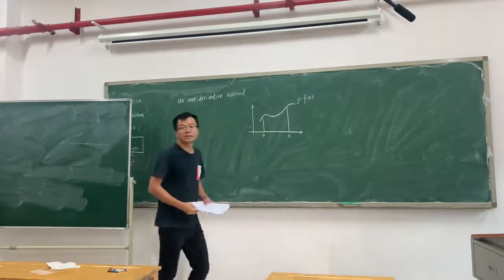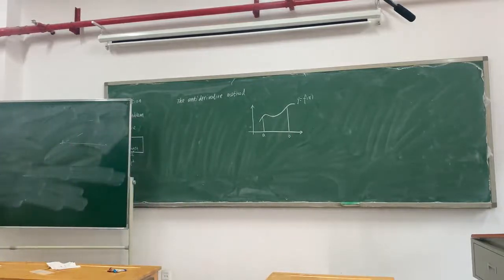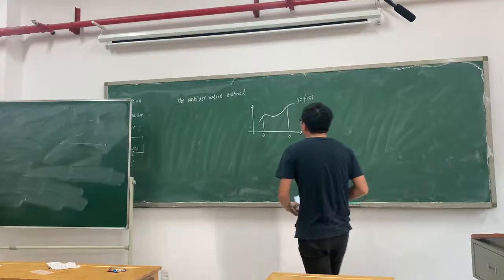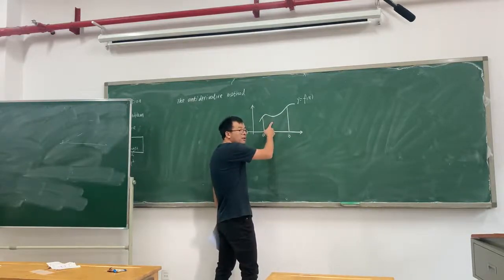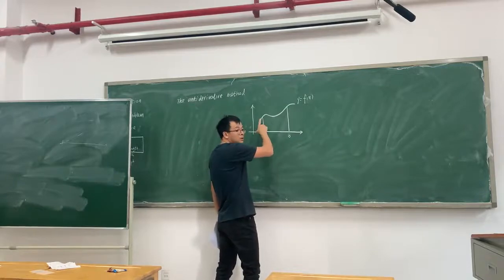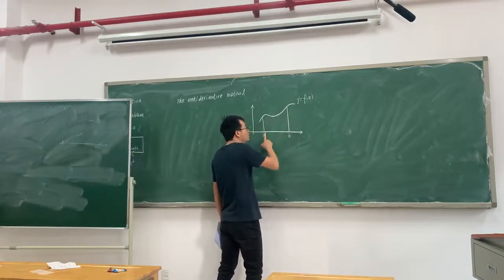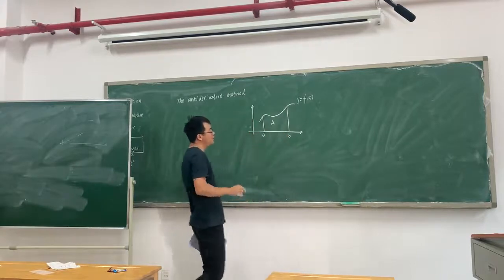This function is continuous and non-negative. Okay, and non-negative. Now we denote the area under the curve and above the closed interval. We denote it by A, okay?